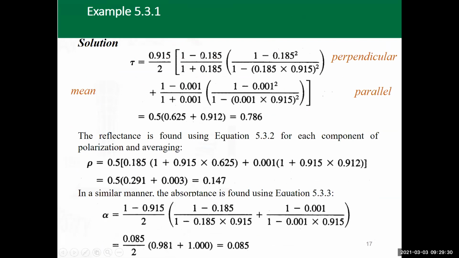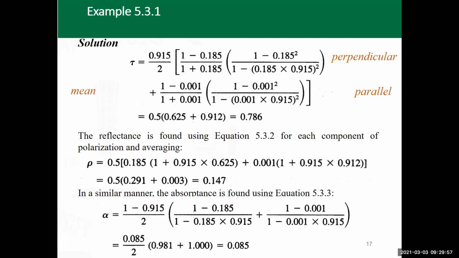And then we are taking these two components together. The 0.185 is the value of, let me have a look at this here, which is basically R normal. So the 0.185 is the R normal, which is being applied here.